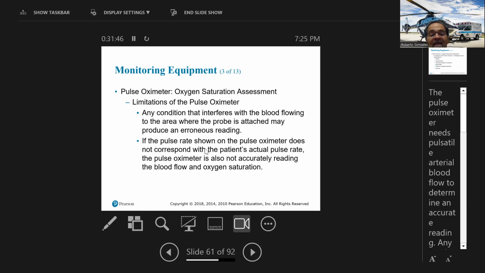If the pulse rate shown on the pulse oximeter does not correspond with the patient's actual rate, the pulse oximeter is also not accurately reading the blood flow and oxygen saturation.